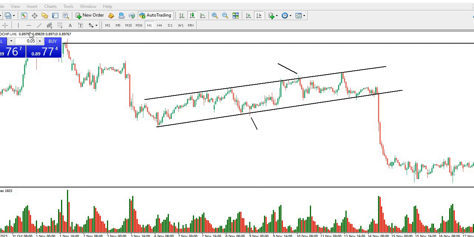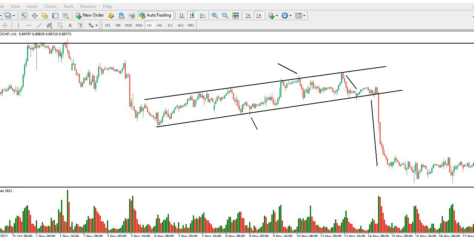Secondly, as I mentioned, at this point, we see the market has formed powerful bearish candlesticks, which is indicating that the ascending channel is about to break to the downside. And yeah, it happened. The market broke the channel to the downside, and now we can witness the gargantuan bearish move.